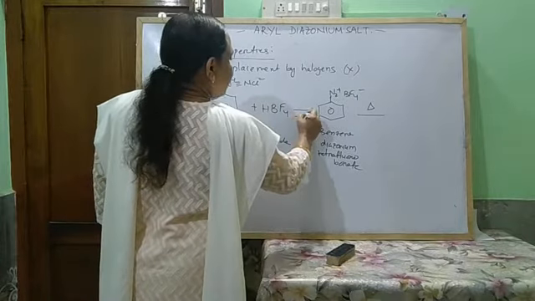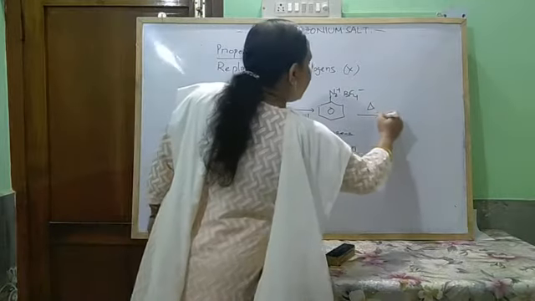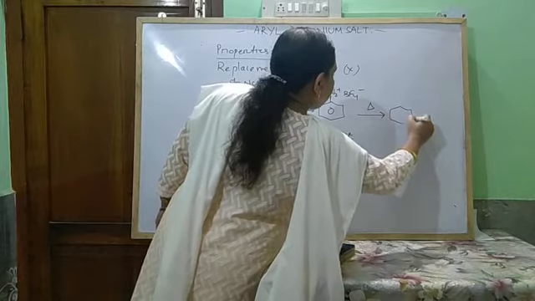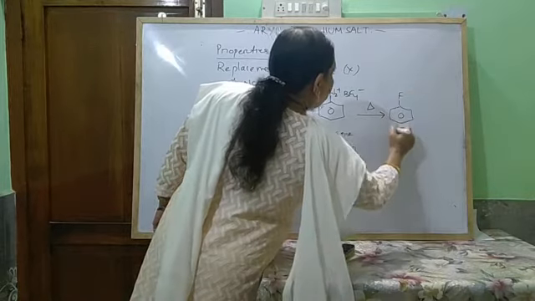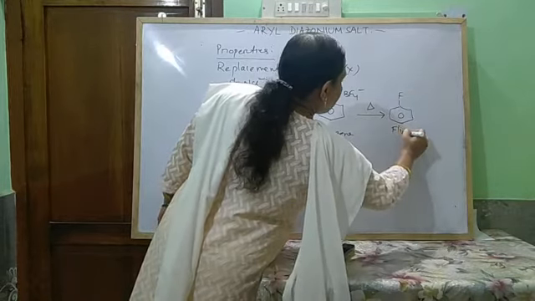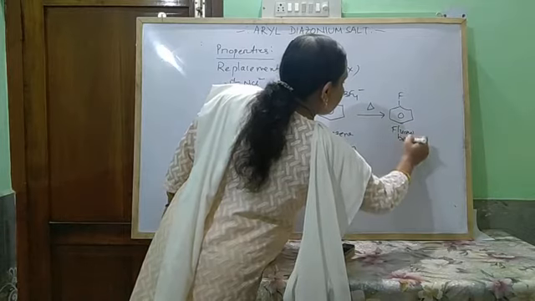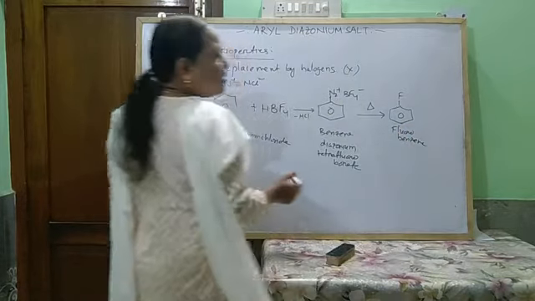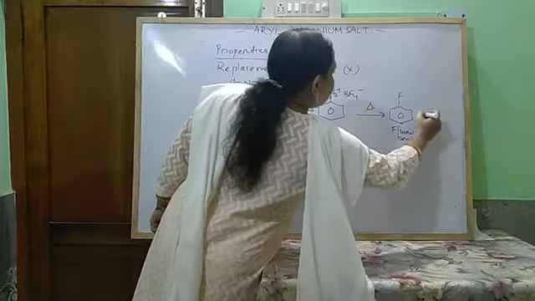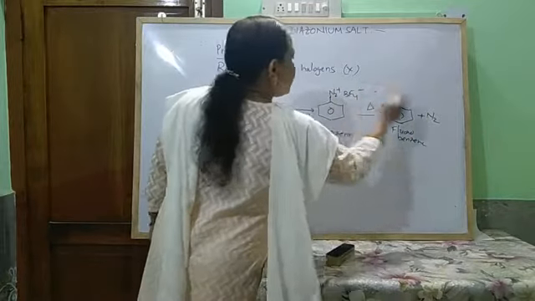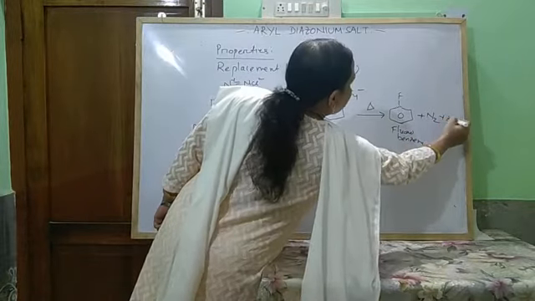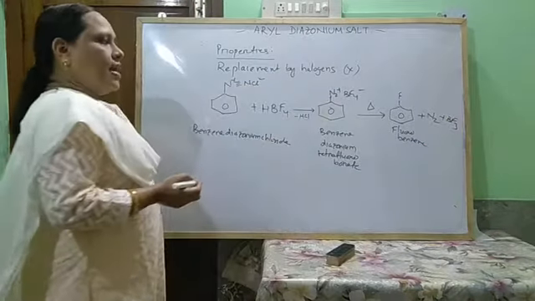When benzene diazonium chloride is treated with hydrofluoroboric acid, it forms benzene diazonium tetrafluoroborate, minus HCl, which on heating forms fluorobenzene. It forms fluorobenzene plus nitrogen plus BF3. These are the side products.